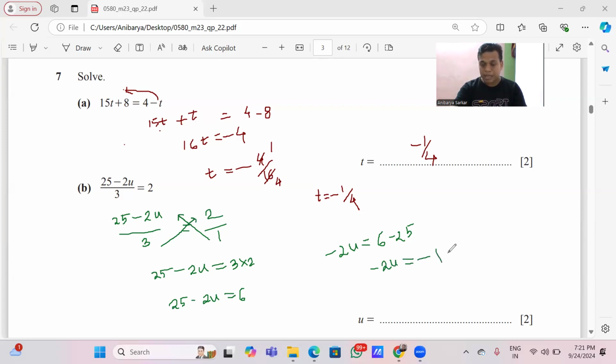Now minus cancels out on both sides. So u equals 19 by 2. 19 by 2 means the value of u is 9.5. Or you may write it in the form of mixed fraction, because it is an improper fraction, so you can convert it to a mixed fraction. Done?